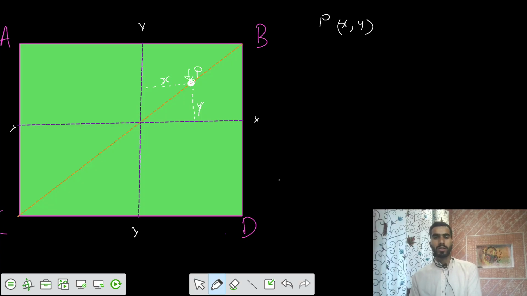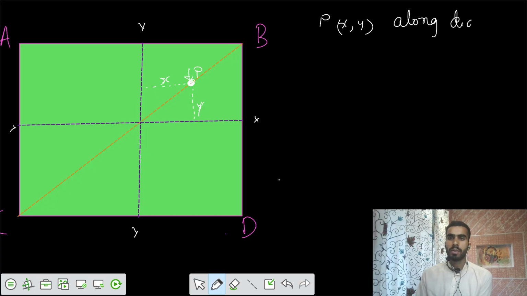So for this condition, if the load has to be along the diagonal, X comma Y should satisfy the relation we have with the width and depth, B and D. Let's write in terms of small b and small d so that confusion gets cleared.